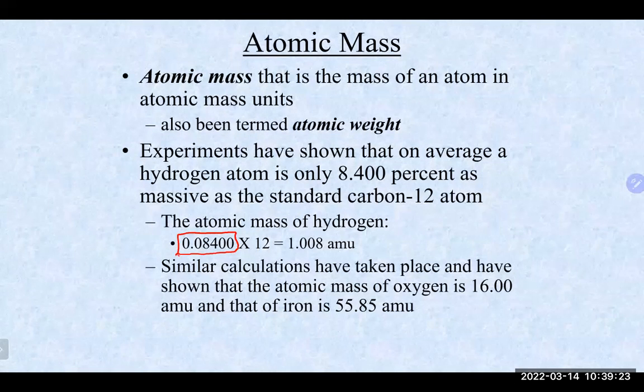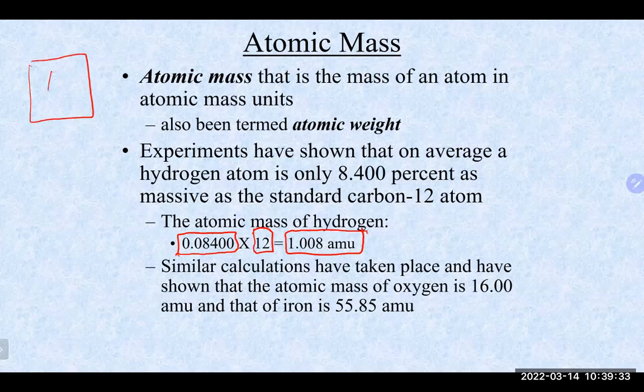We times it by the atomic mass of carbon-12, and we get this number here for hydrogen of 1.008. That essentially is the number that you see when you look on the periodic table there on the bottom. Similar calculations were done for other isotopes and elements, like oxygen-16, and 55.85 for iron.